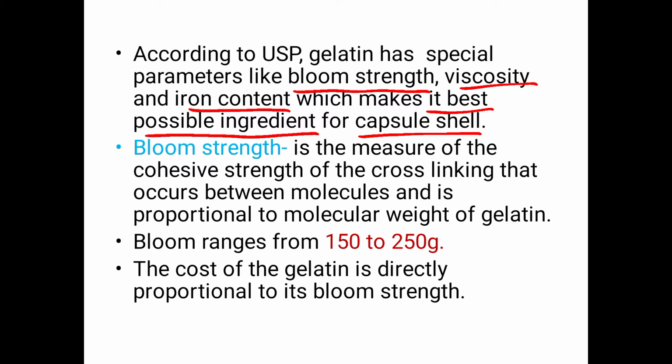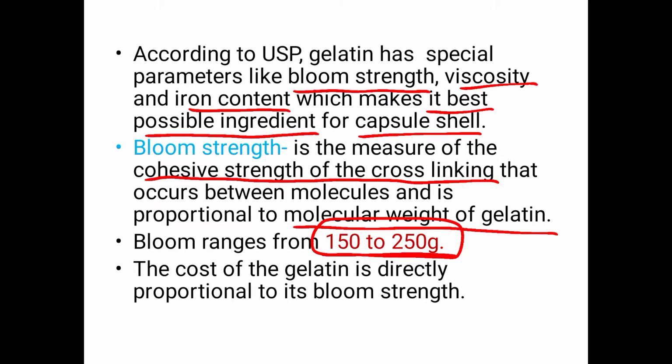What is bloom strength? Bloom strength is the measure of the cohesive strength of the cross linking that occurs between the molecules of gelatin, and it is proportional to the molecular weight of gelatin. The bloom strength ranges from 150 to 250 grams.